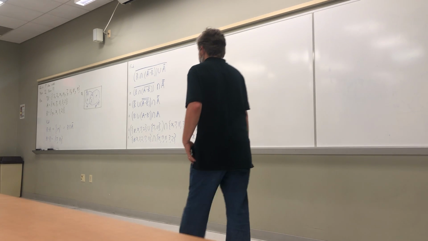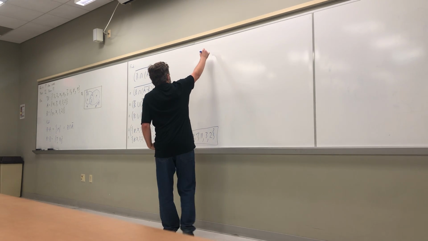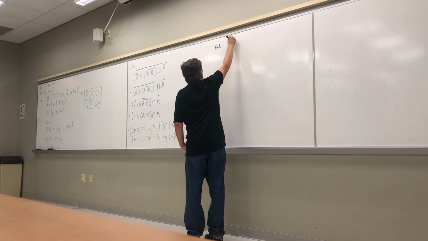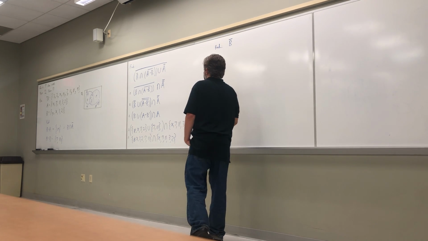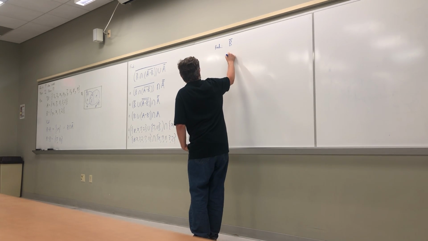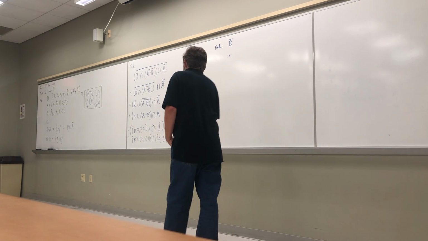So maybe one more would be just for practice. Find just B bar. Okay, so that's B bar. I thought I was going to have to do that in this problem, but then all the bars canceled completely.